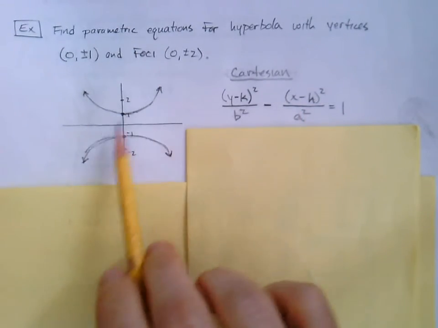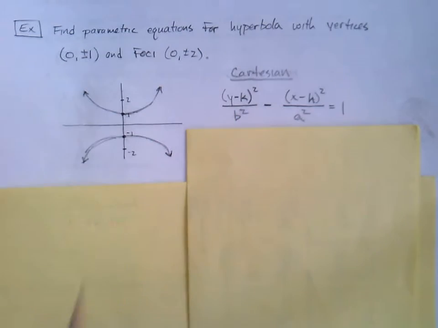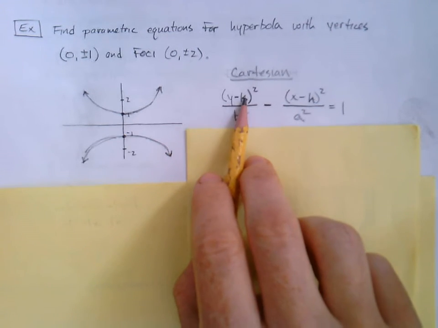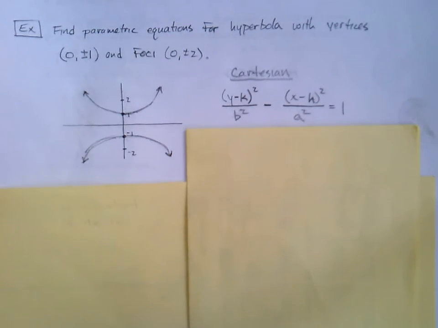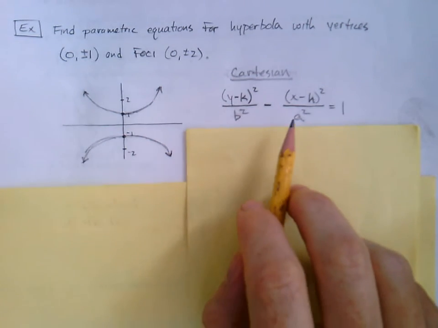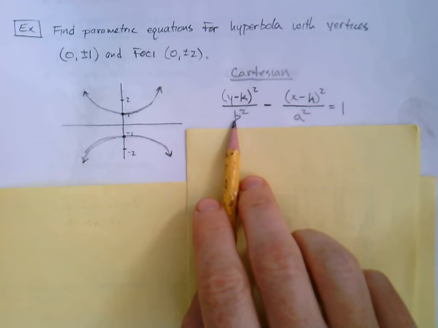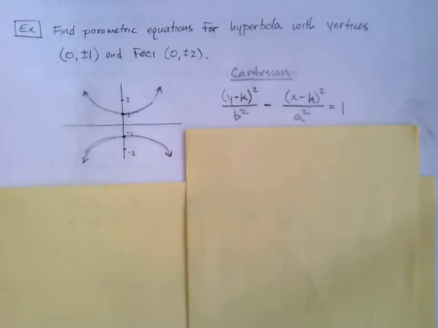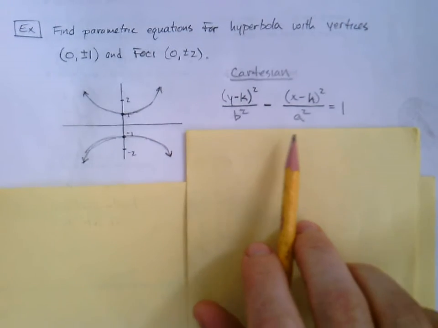Well, if it's opening vertically, the y comes first. Also, the other aspects, the h, k, that's the center of your hyperbola, the point right in the middle, in between the two arms. And then the a squared and the b squared relate to the distances from the center. So we're going to see here in a moment how this plays out. But that's the general form.